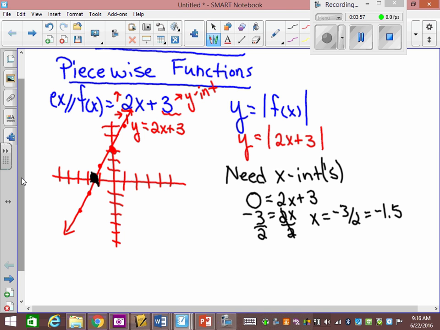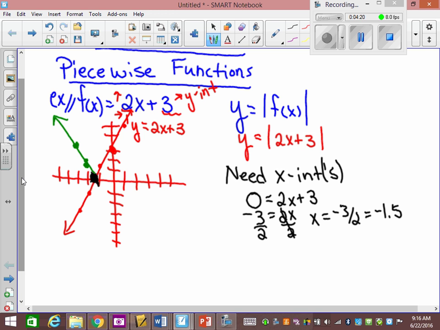Now, everything below this, when I find the absolute value function, is just going to reflect up. So if I'm at negative 2 and negative 1, I'm now going to be at negative 2, positive 1. And then here I'm at negative 3 and negative 3, so I'm going to be at negative 3 and positive 3. And then I'm going to get this, right?